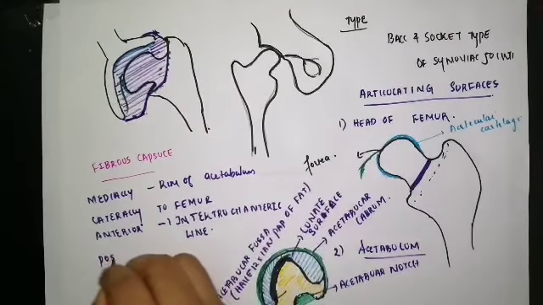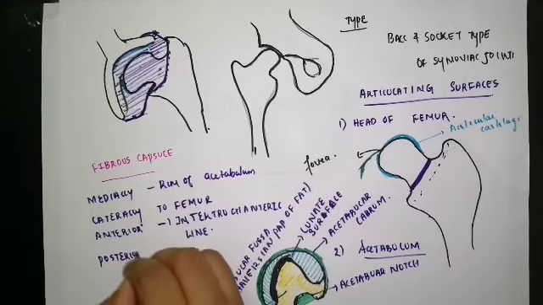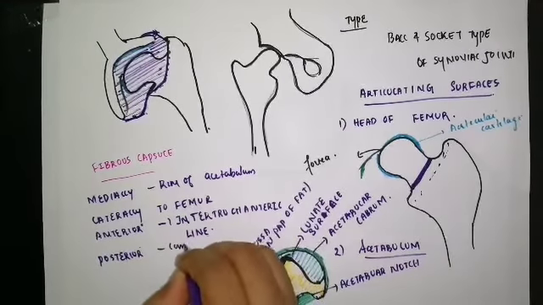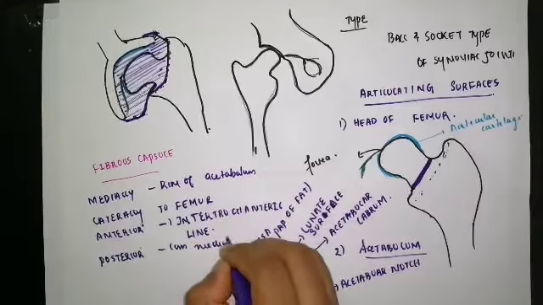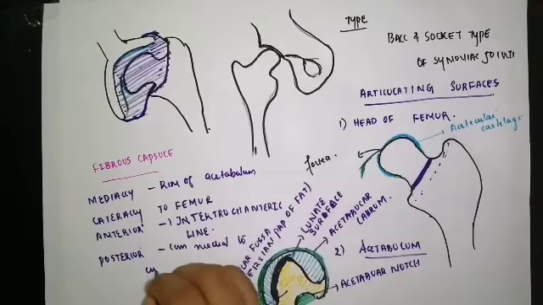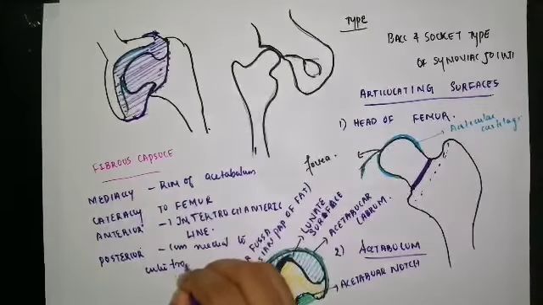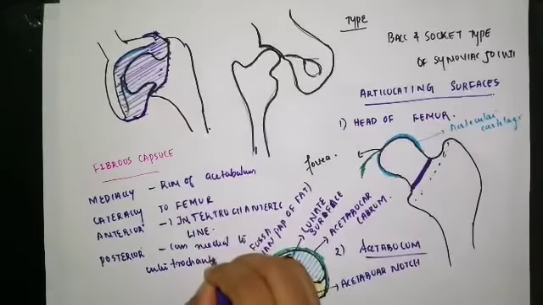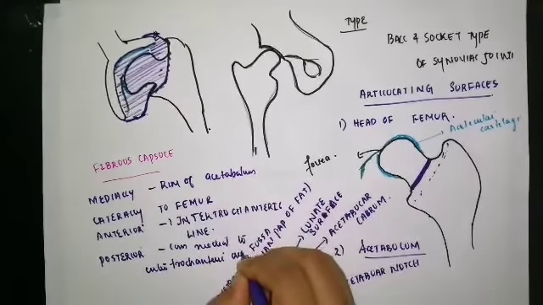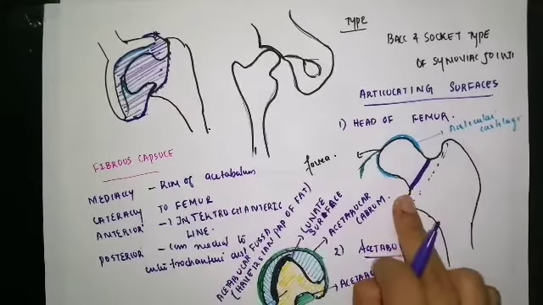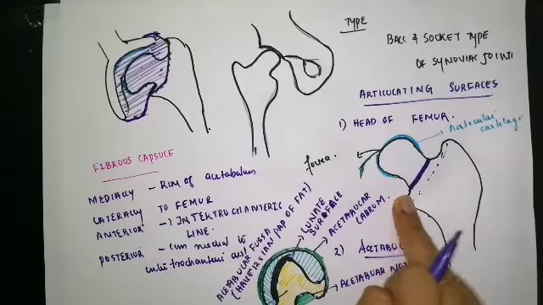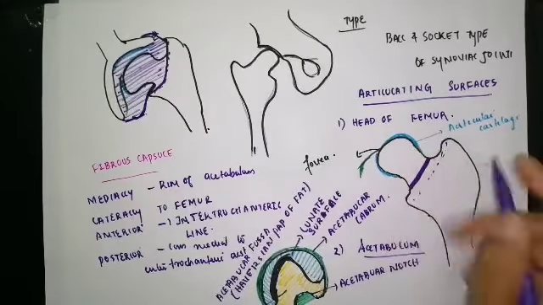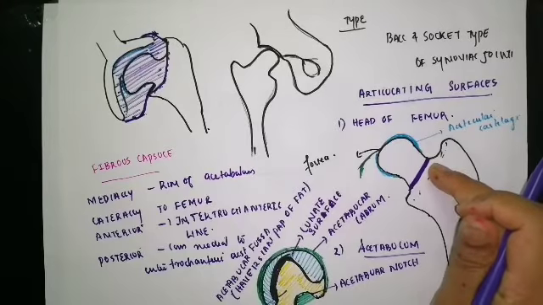So posteriorly the capsule is attached 1 centimeter medial to the intertrochanteric crest. What is the significance here? As the capsule is attached 1 centimeter medial to the intertrochanteric crest on the posterior aspect, some part of the neck of the femur is extracapsular.